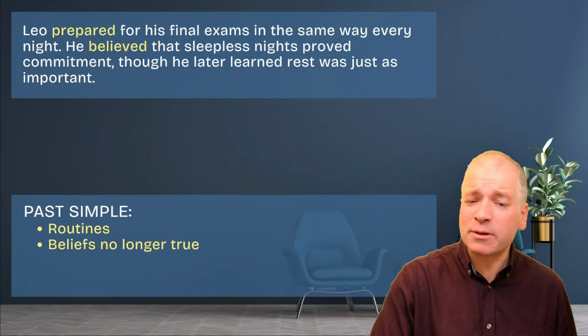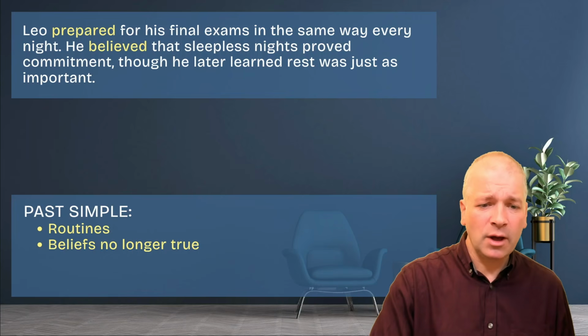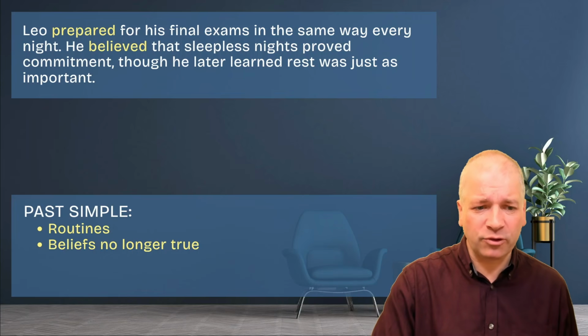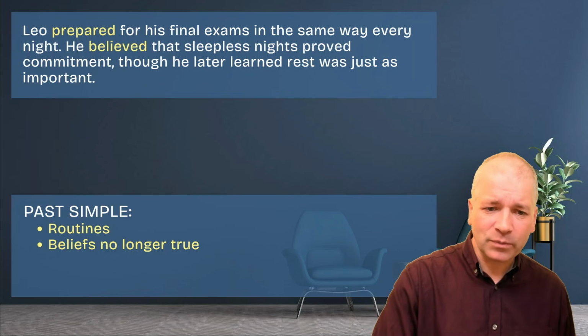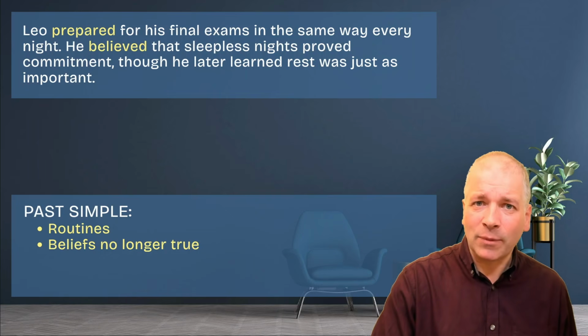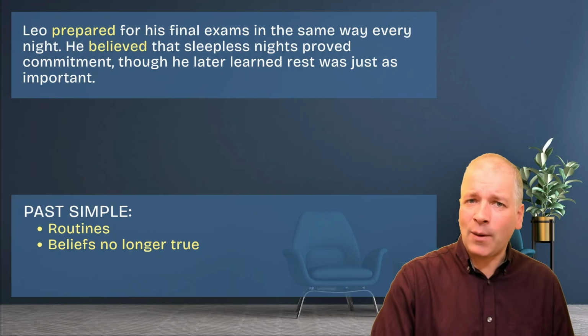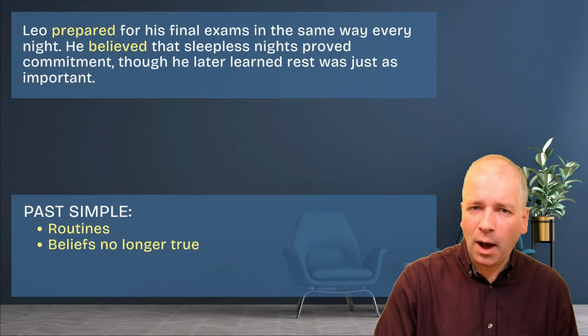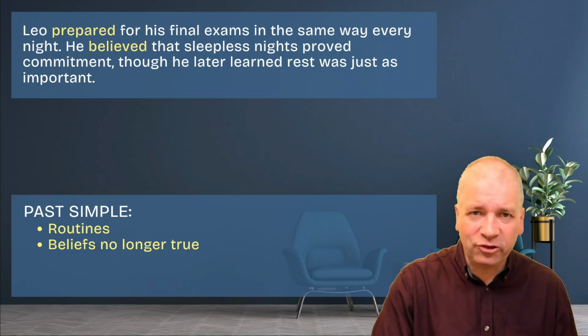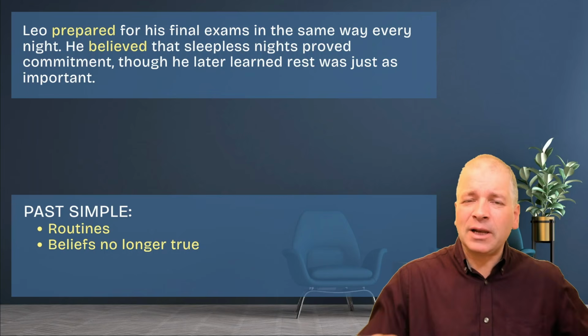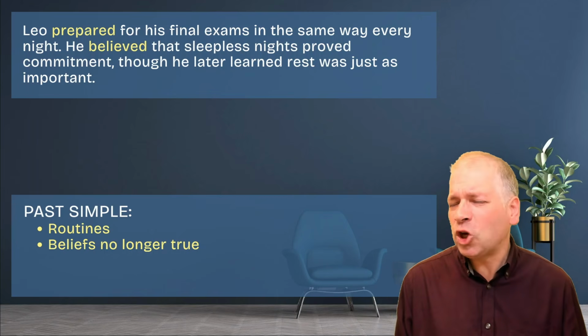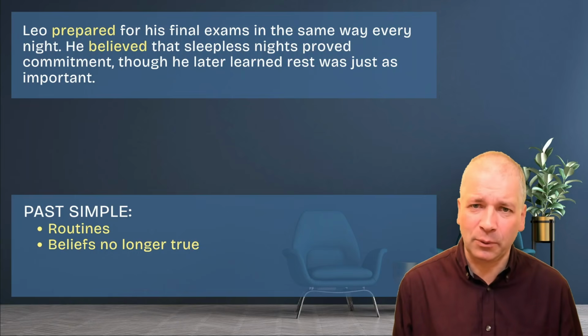He believed that sleepless nights proved commitment, though he later learned rest was just as important. Why did we use believed here? Well, it's a belief that Leo had, but we use the past because it's no longer true. He changed his belief. If it was a belief that he still had, then we could possibly have used the present simple.